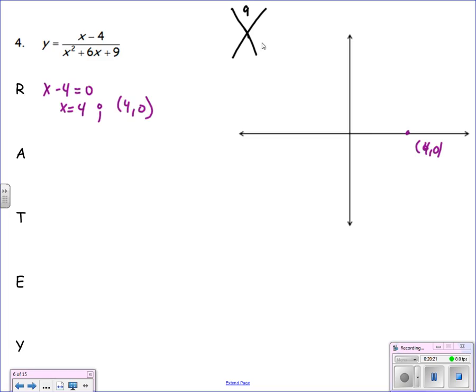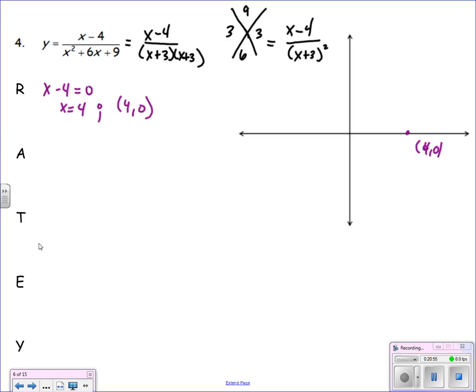And 9 would go at the top, 6 would go at the bottom. 3 times 3 is 9, 3 plus 3 is 6. So those are my factors. It would be x minus 4 at the top, and (x plus 3) times (x plus 3) at the bottom. And we just kind of did something like that. When you have the same thing duplicated, it can be rewritten with a power of 2. So that's going to be important later.